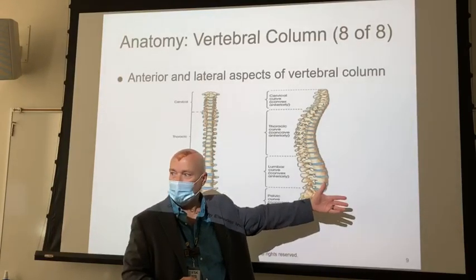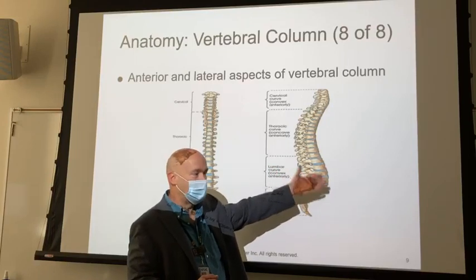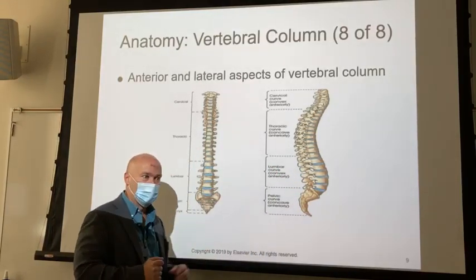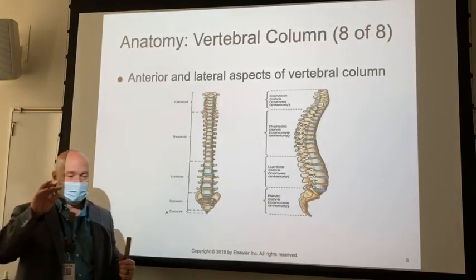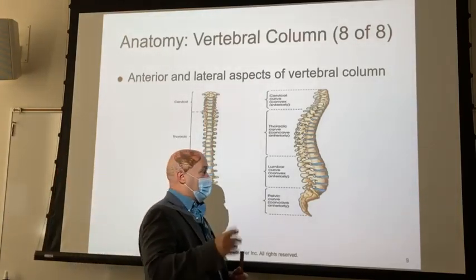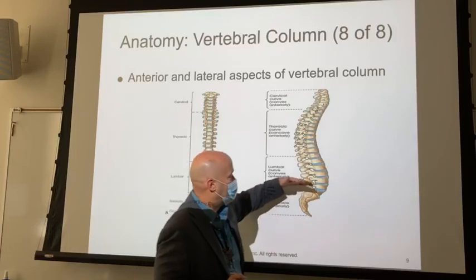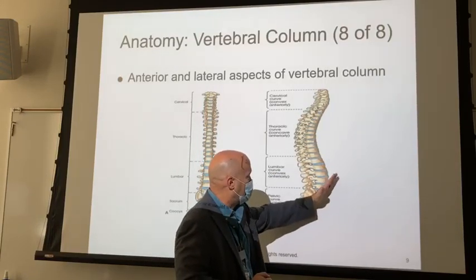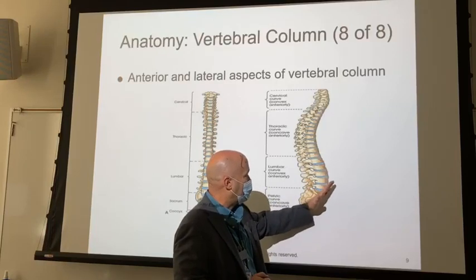It is L5, but it takes on the appearance of a sacral segment, so it's got a very sharp curvature to it, or a very sharp wedge shape to it. So that's one. And number 2 is that sometimes you'll see L5 anterior to the anterior alignment of L5-S1.